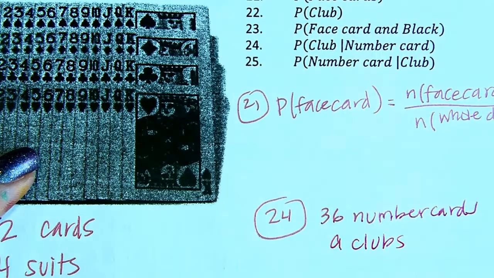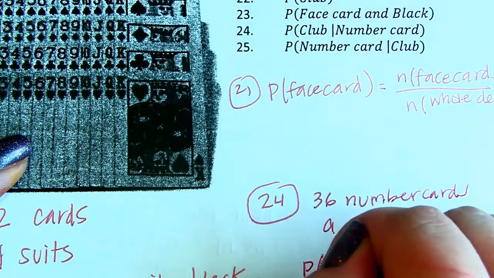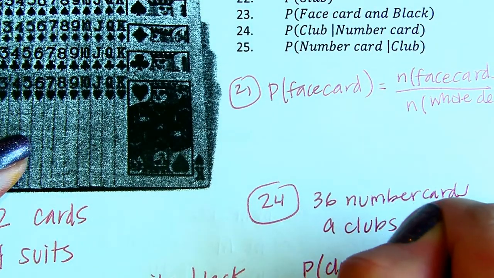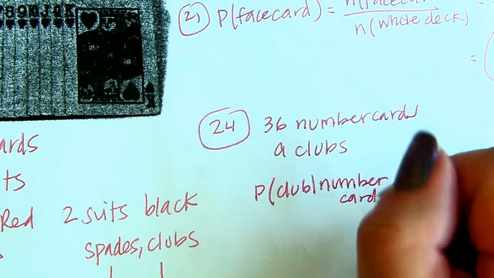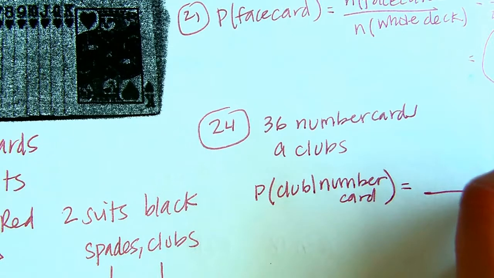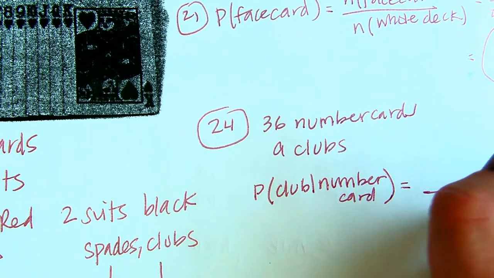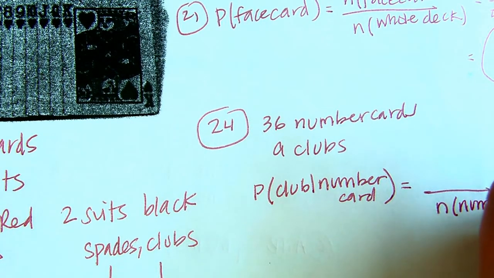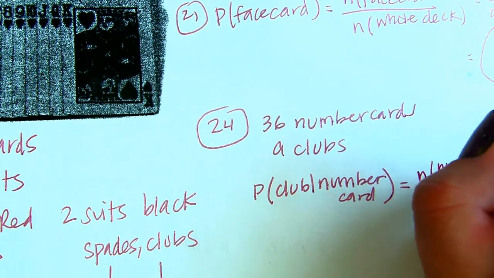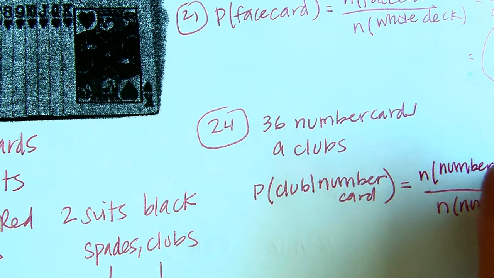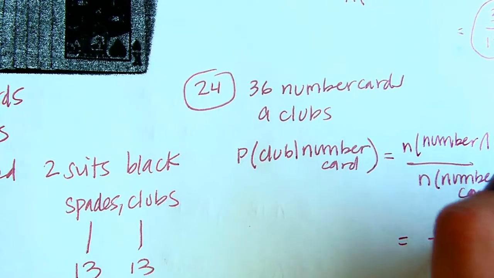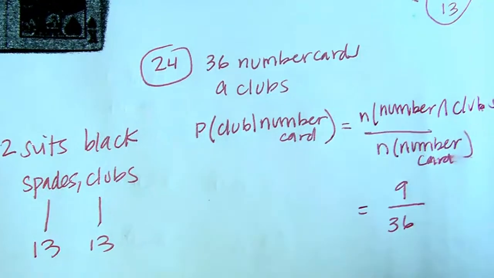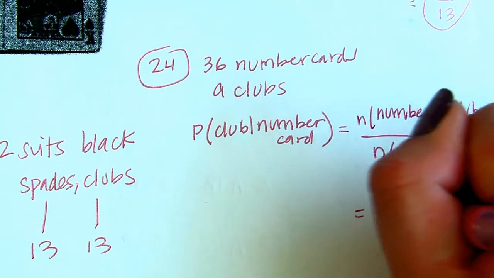So the probability of club, given that it's a number card, is going to be the number of number cards that we have, and then how many of those number cards are also clubs? So I have 9 that are clubs and 36 to pick from. I can divide by 9, end up with 1/4.